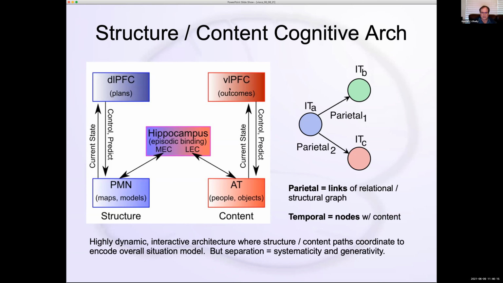You have probably actually independent top-down cognitive control. It's obviously coordinated, but really separable pathways in prefrontal cortex interacting with these different posterior cortical pathways for structure and content. And then again, this critical role for the hippocampus in the middle, binding together structure and content to form episodic memories, which then allow you to flexibly reason with these things.